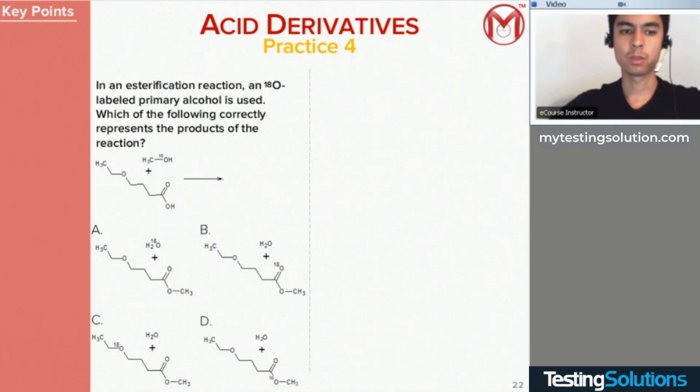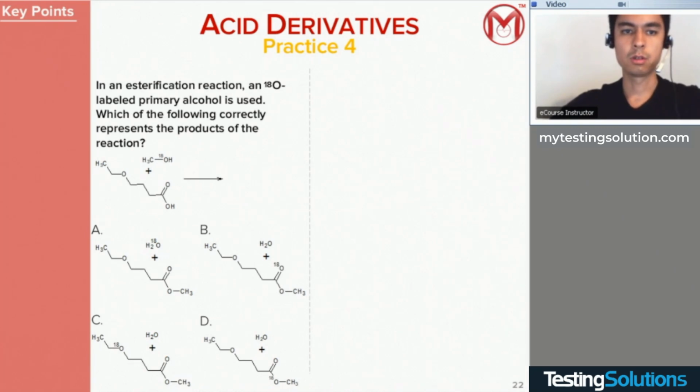We have this 18O labeled oxygen. So what we're basically trying to do is understand, given the generic mechanism, where that 18O labeled oxygen is going to end up. This is isotopic labeling. It allows us to track where an atom ends up in a mechanism. And so we're going to deal with this like we've dealt with any of the other reactions.